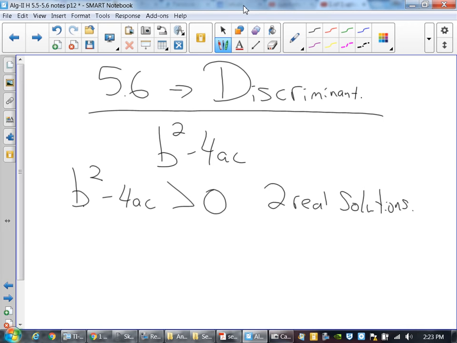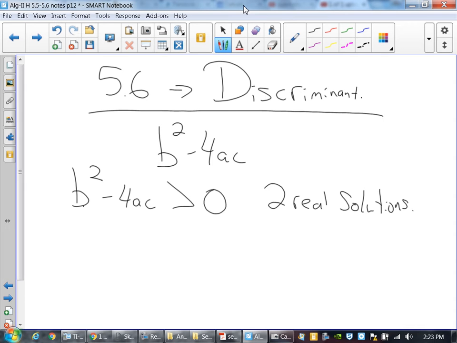They might be nice clean integer values, where you get your zeros at 3 and negative 6, or they could be 2 plus or minus 3 root 7, where they're just crummy decimals. It was non-factorable, but we can still make it work using the quadratic formula or completing the square.